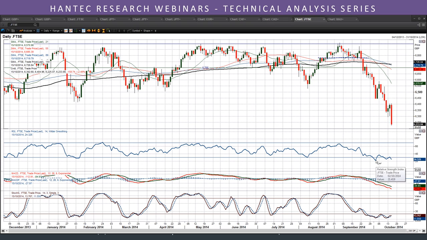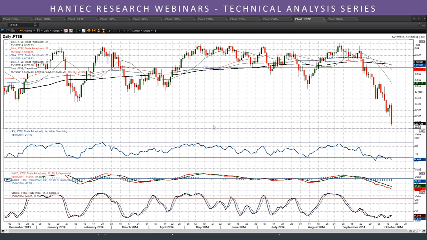That low on the RSI is 21.5. We're at 24.5, so there is still the potential for bullish divergence. Stochastic is settling a little bit, but it's still a bit of a risky buy if you bought that on a crossover. MACD line's not really showing you any real positivity, so not a huge amount there.